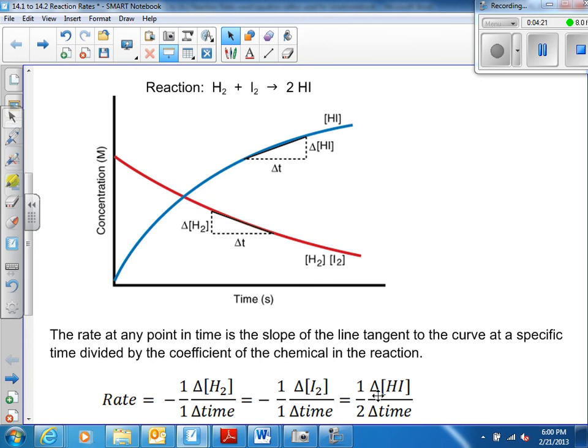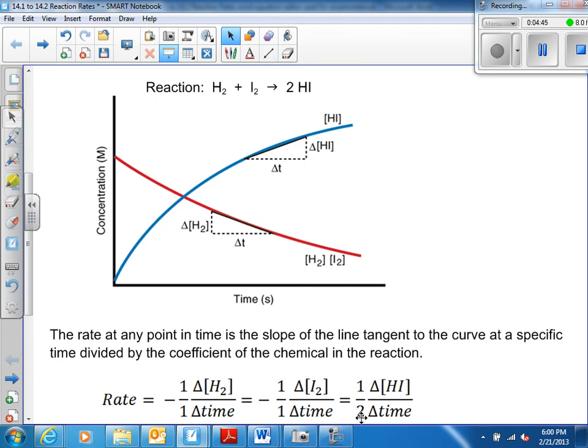And these are all equal to each other. The only difference is there's a 2 in front of the HI. So the rate at which this is produced is twice as large as the rate at which this is produced. Therefore, we need to divide this by 2, or multiply by 1/2, because the hydrogen iodide is being produced twice as fast as the iodine.